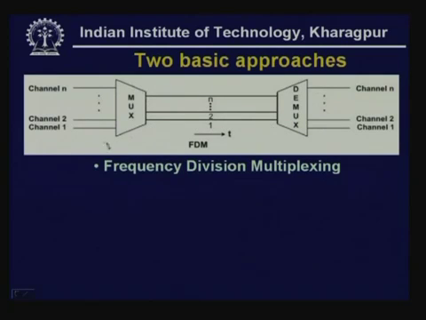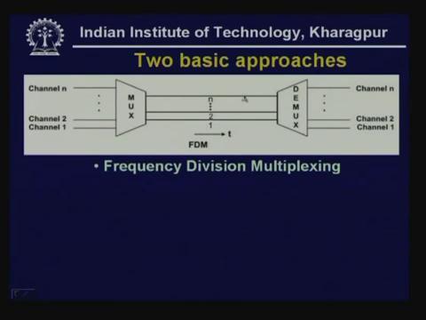So, here the n channels are multiplexed, creating frequency division multiplexing, and we are sending all the n different signals simultaneously, and obviously they should be in different bands, so that one does not mix with another. At the other end, again by using filtering, we can separate out the different channels, say channel 1, channel 2 and channel n. So, this is frequency division multiplexing. Here everything is being sent in parallel.